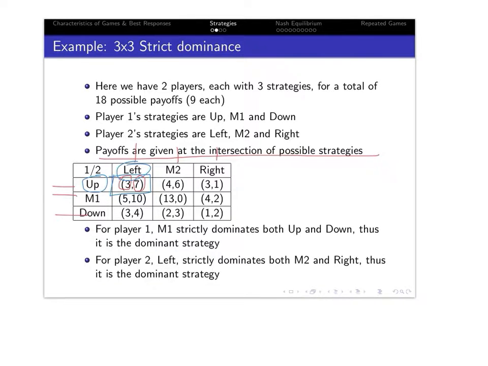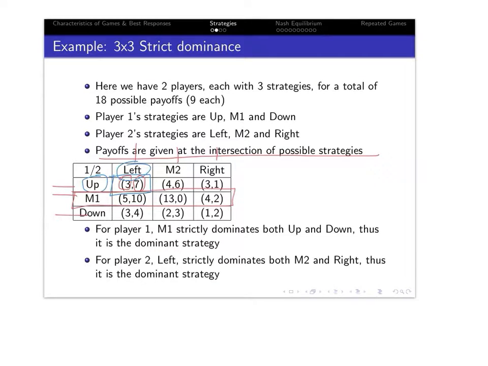If you look at player 1, if you look at the up row, you can see that if player 2 is playing left, so now imagine we're just locking in and only looking at this column, then player 1 is best playing M1. Why? Because 5 is bigger than 3, so M1 is clearly better than up, and it's also better than down.